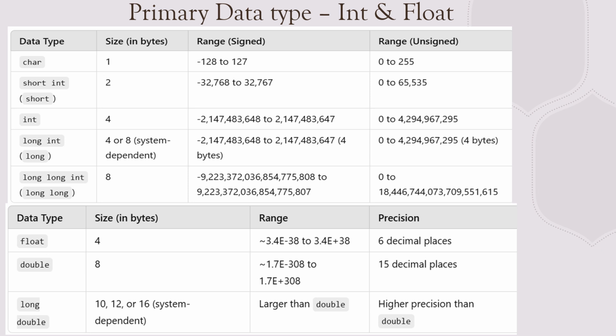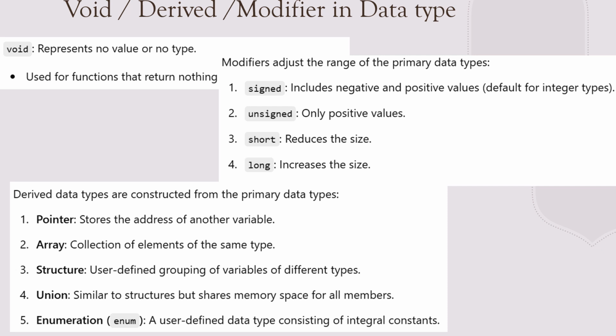And if it is a long double, the size can be 10, 12 or 16 bytes depending on the architecture. Obviously this long double is larger than the double data type, and you can have a higher precision value. And here we do have the void data type that represents no value or no type, that is used for functions that return nothing.